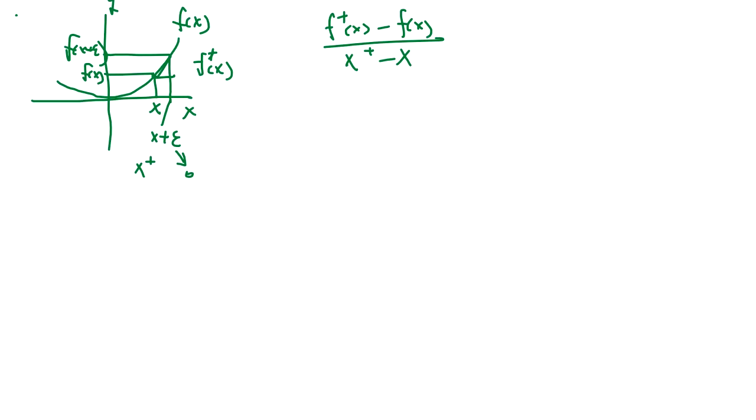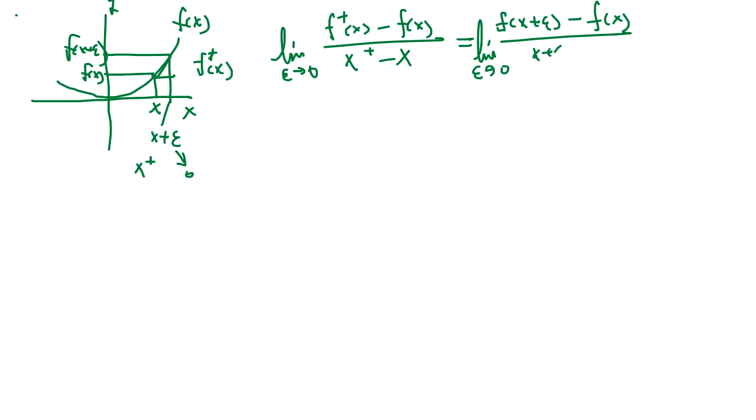So the derivative's definition is going to be, as epsilon goes to 0, we take a limit: f(x plus epsilon) minus f(x) over epsilon, since x plus epsilon minus x, this disappears.